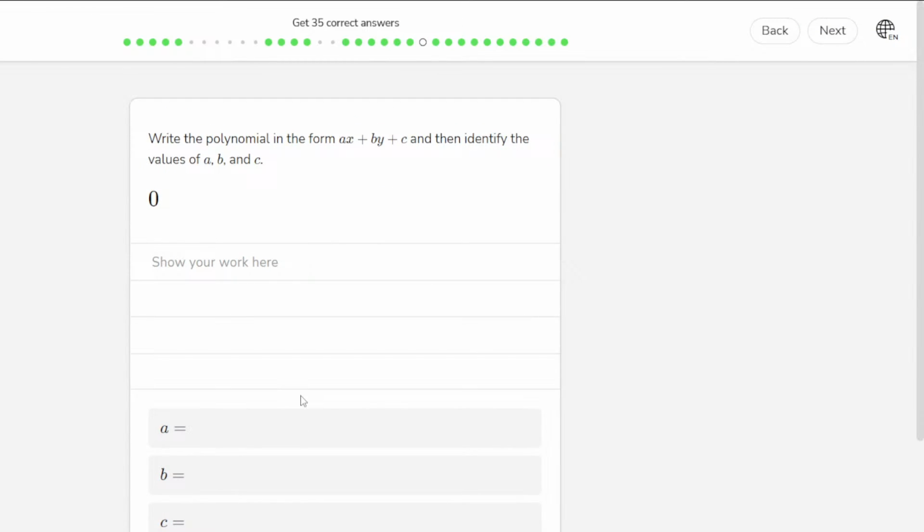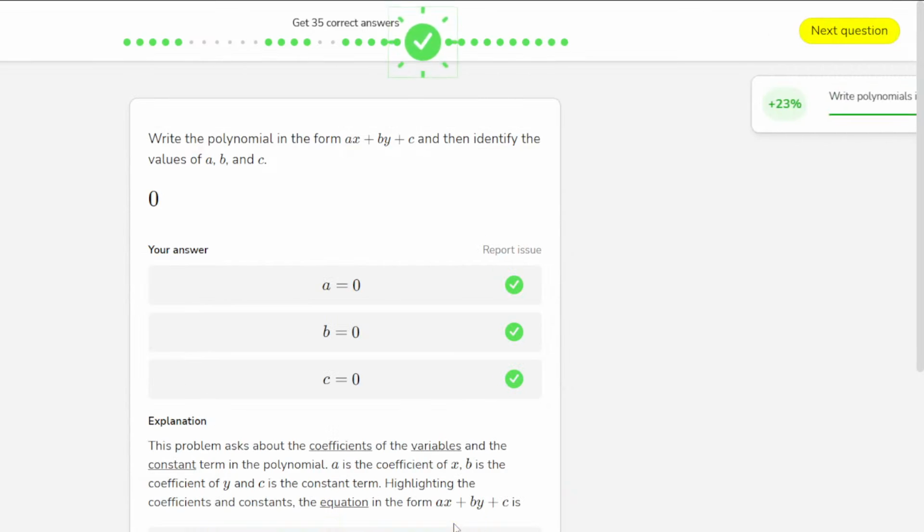Write the polynomial in the form AX. Awesome. Okay.